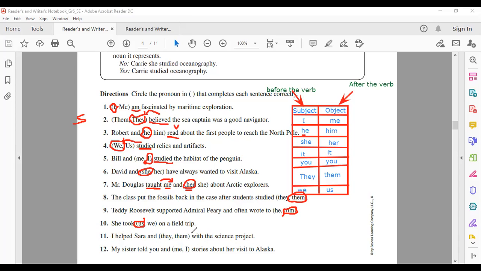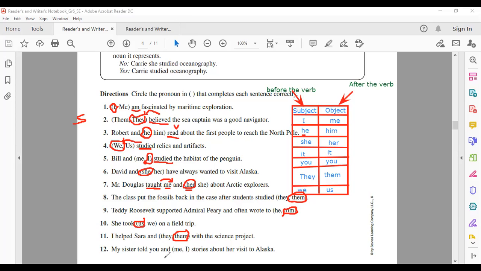I helped Sarah and them with the science project. They or them? Them. Very good. It's them because it is an object. My sister told you and me or I stories about her visit to Alaska.